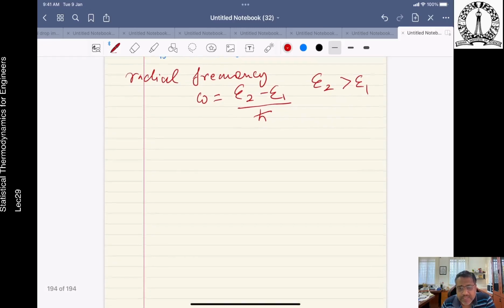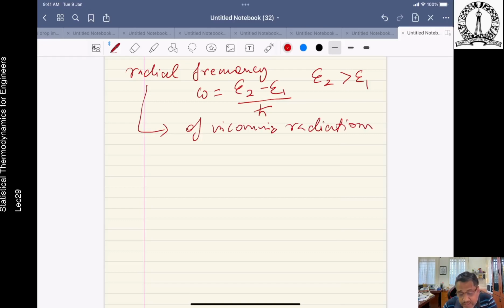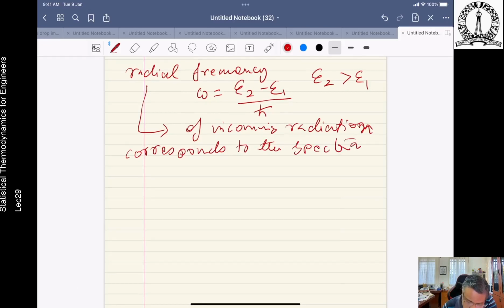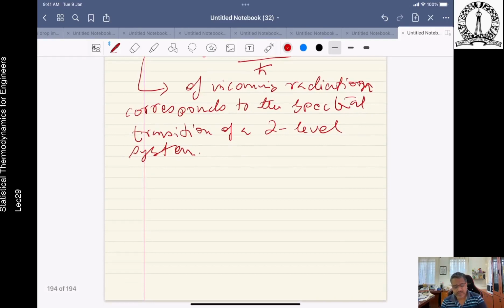So the radial frequency of the incoming radiation, in this case the imposed electric field, corresponds to the spectral transition of a two-level system.